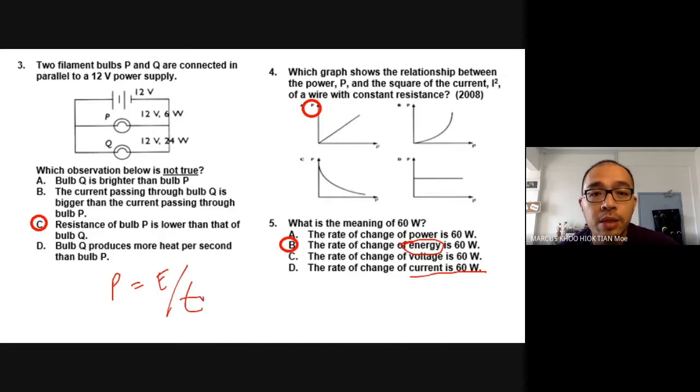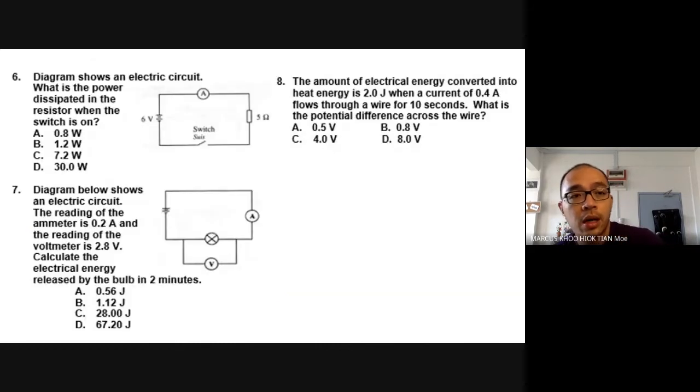So it has to be the rate of change of energy because this is the formula for power. If you want the rate of change of current, there's nothing that has to do with rate of change of current. Only energy. It's 60 watts.